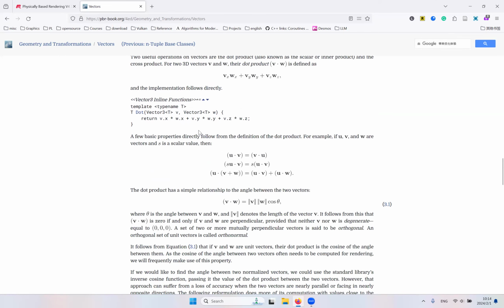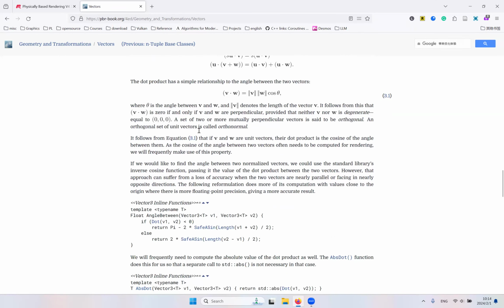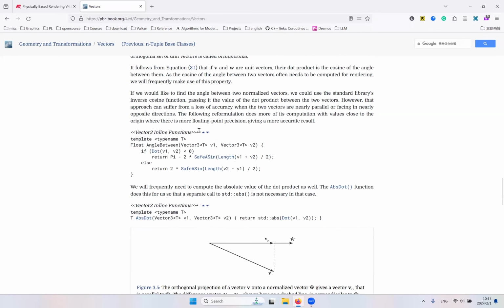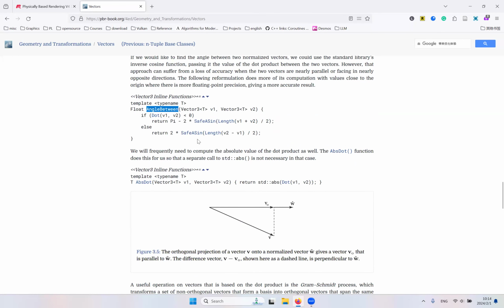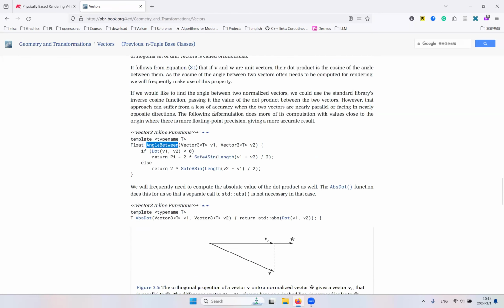Dot product. This is an interesting function called AngleBetween that calculates the angle between two vectors.